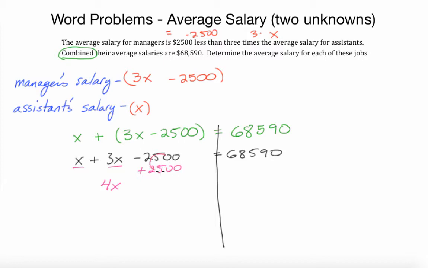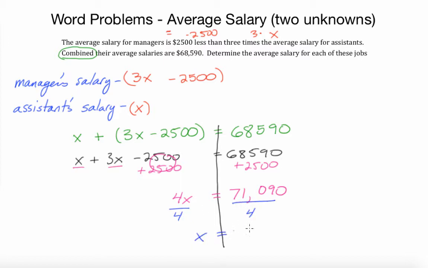The minus 2,500 plus 2,500 go away, so I'm just left with 4x equals 68,590 plus 2,500, which is going to give me $71,090. Okay, let's divide both sides by 4 so we can solve for x.